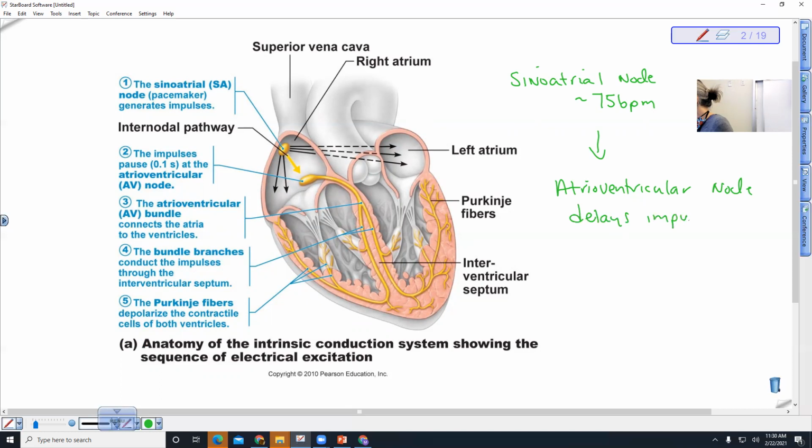And this is important because we don't want the depolarization to occur in the atria and the ventricles simultaneously, because then they would contract simultaneously. So we need the slight contraction of the atria to happen before the ventricles. So this allows for that to occur.